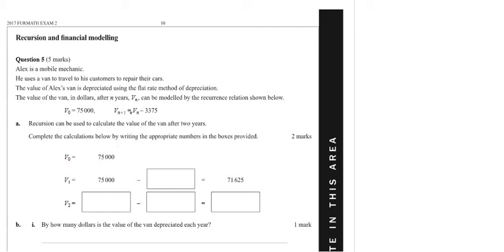So when my n is equal to 0, I'll have the equation that my V1 is equal to V naught minus 3,375, where my V naught is equal to 75,000. So my V1 is just 75,000 minus 3,375. And if you do the calculation, this is what you get.